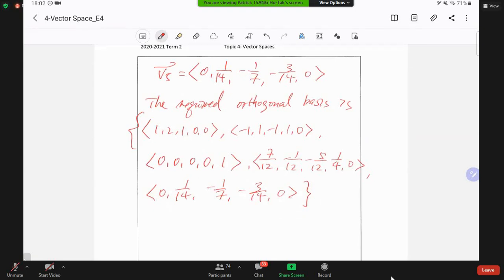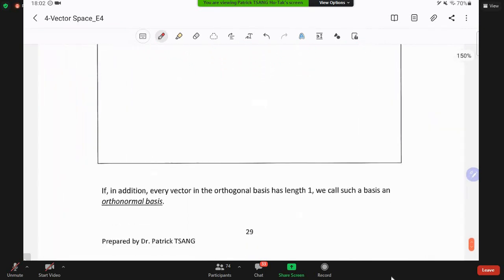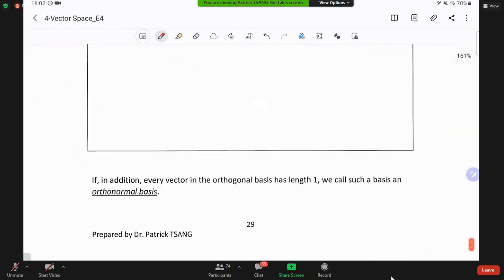Before closing this topic, I would like to end with one interesting terminology I would like to share with you. Suppose you get an orthogonal basis, and then you find that every vector in this orthogonal basis has length equal to one.